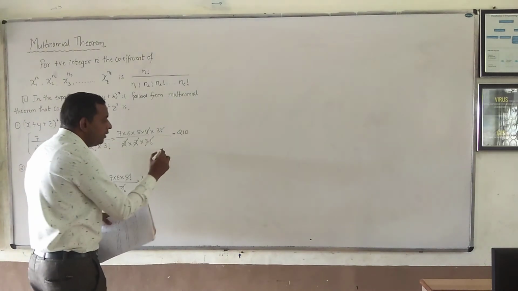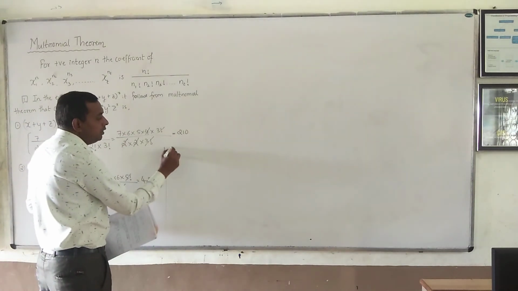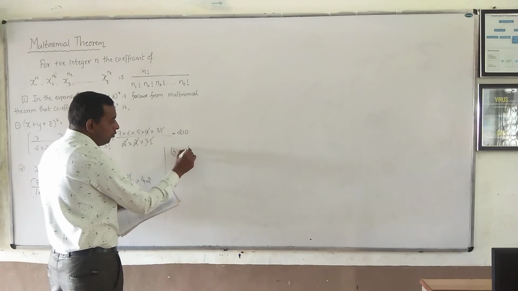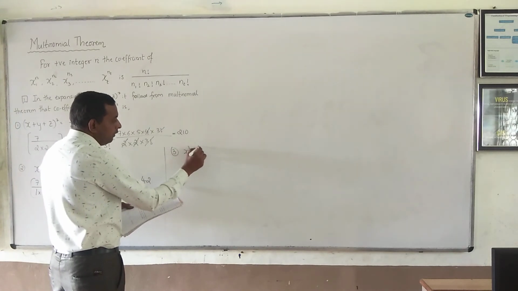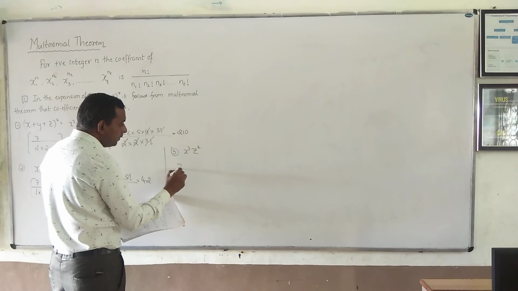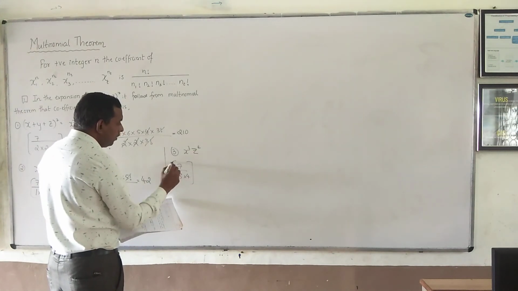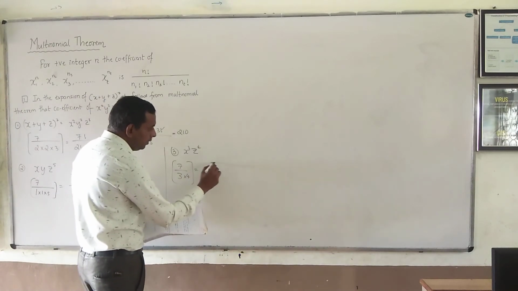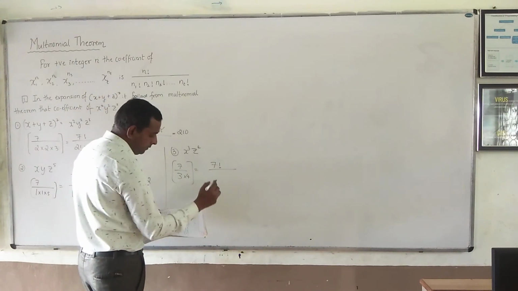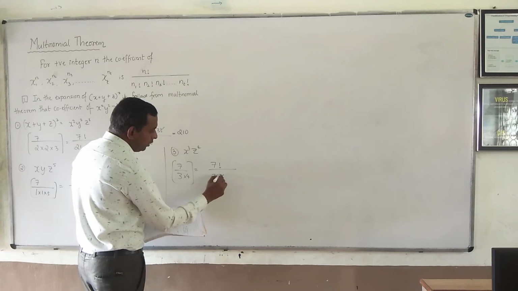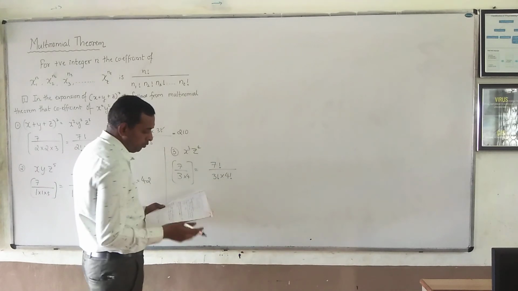One more problem we will solve for clarity. The third one is x cube and z to the 4. So it is 7 factorial divided by 3 factorial into 4 factorial.